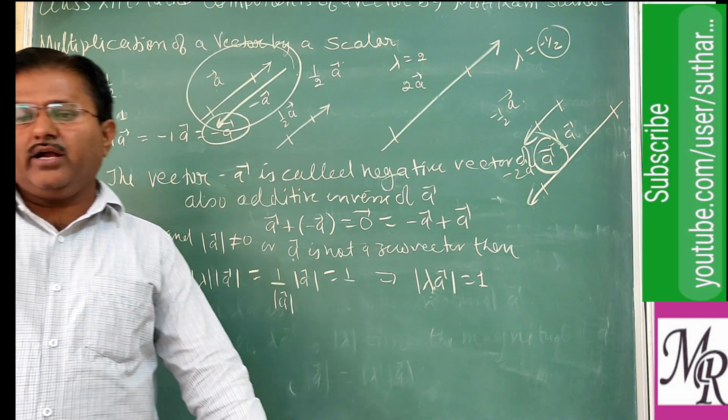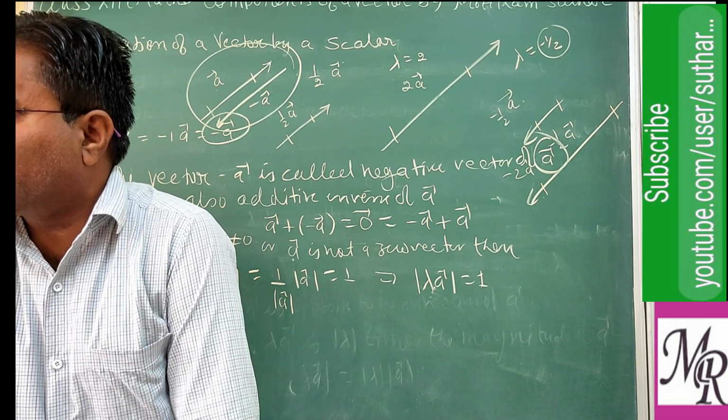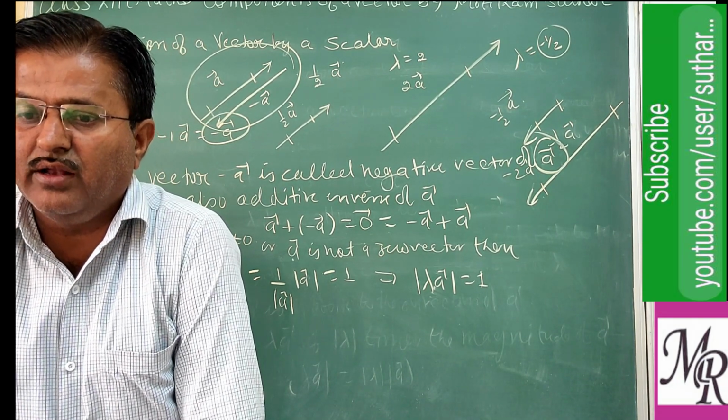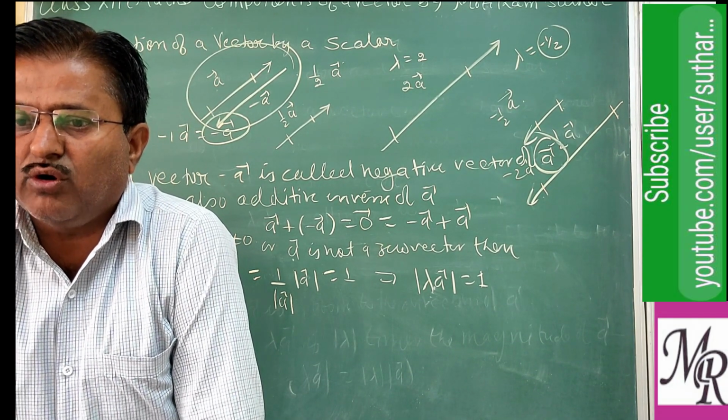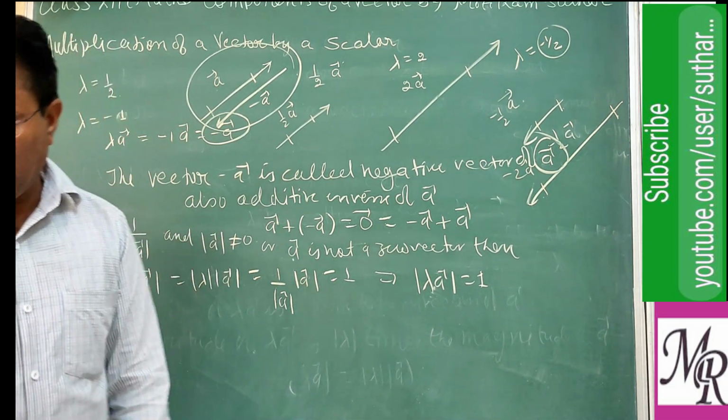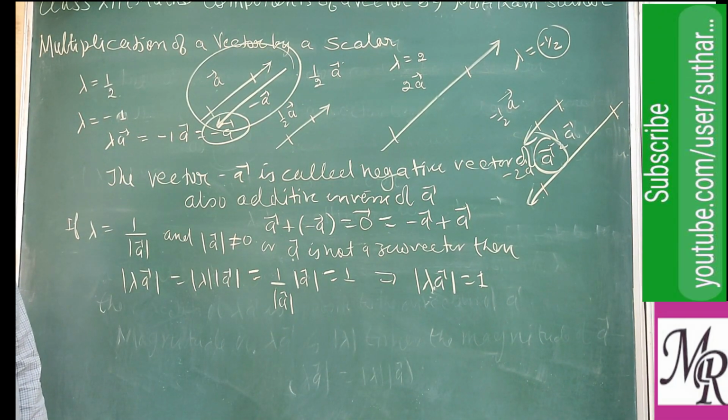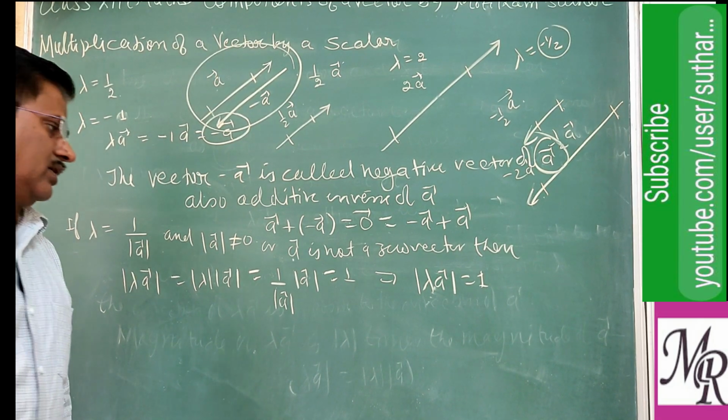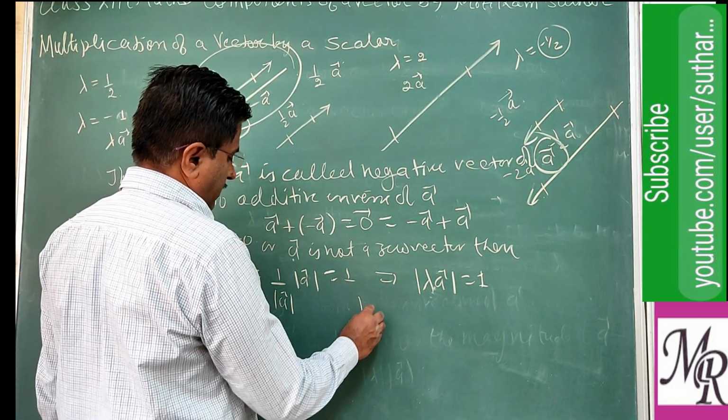So we know that if the magnitude or modulus of a vector is 1, that vector is called a unit vector. That's why lambda A represents the unit vector. So this is a unit vector.